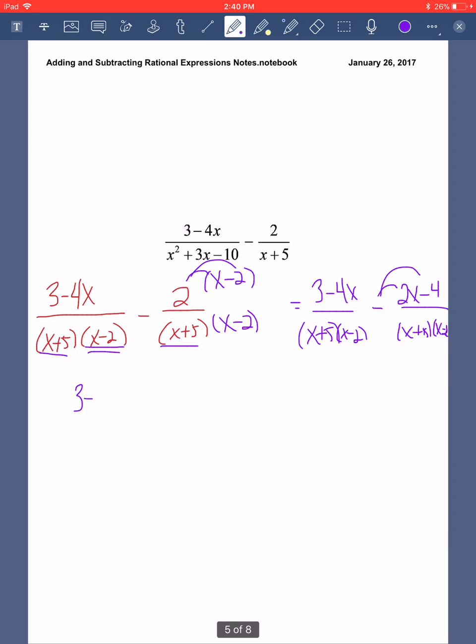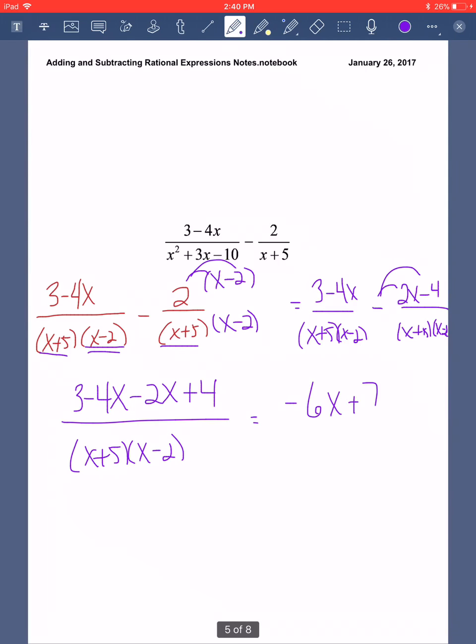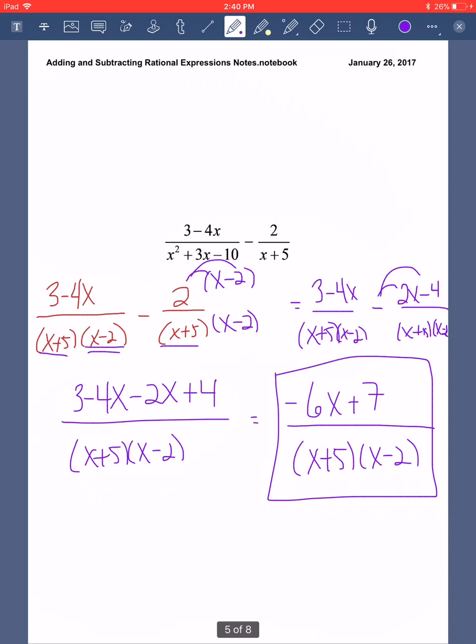So this is 3 minus 4x minus 2x plus 4 over x plus 5, x minus 2. And combine like terms. So I get negative 6x plus 7 over x plus 5, x minus 2. Okay, so I multiplied to be able to get common denominators and then combine by like terms.